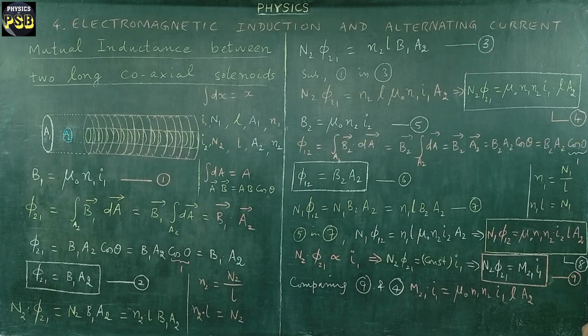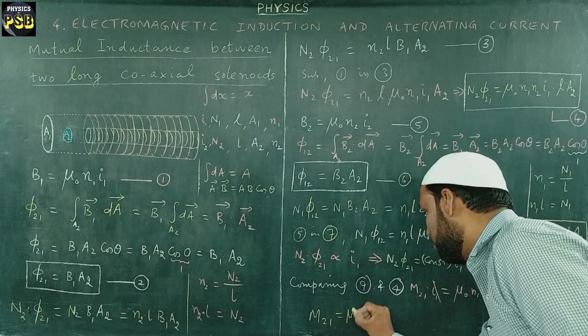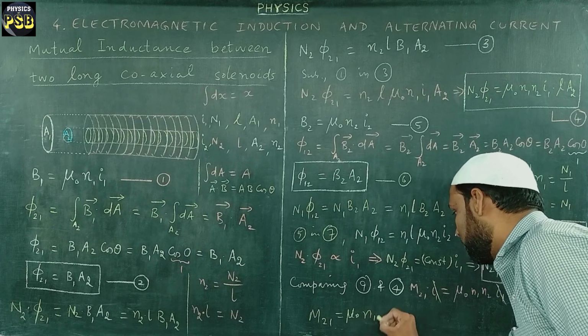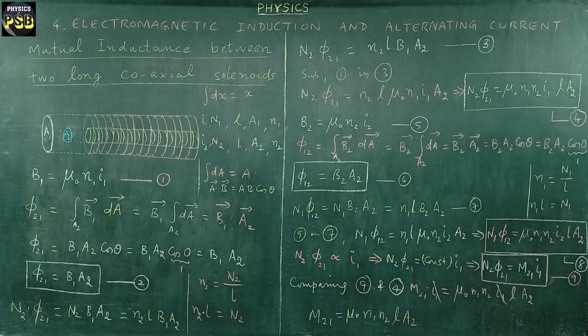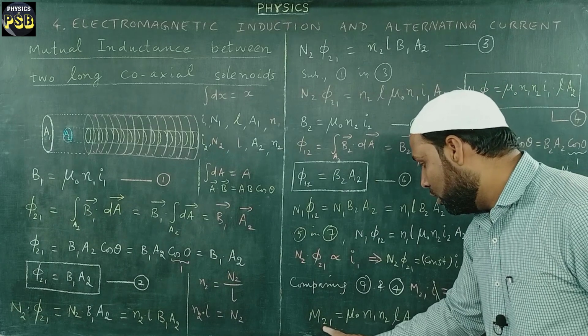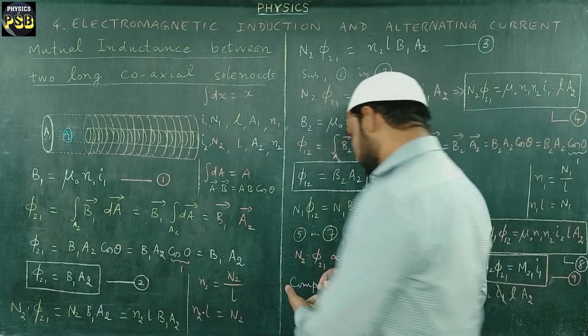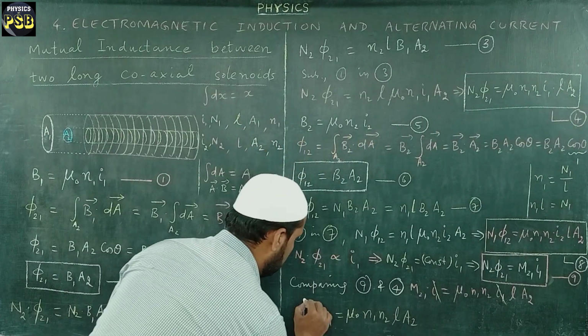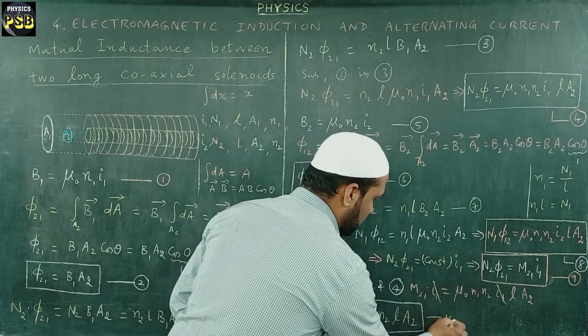Now this I1 and this I1 get cancelled. What do we get at the end? M21 is equal to mu naught n1 n2 l A2. This is the mutual inductance of solenoid 2 with respect to solenoid 1. Okay, I box this. Now I take this as equation number 10.